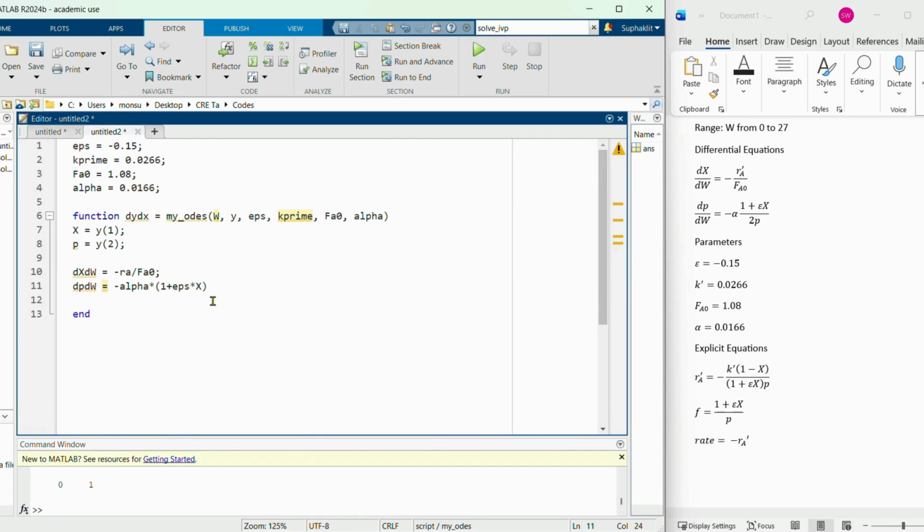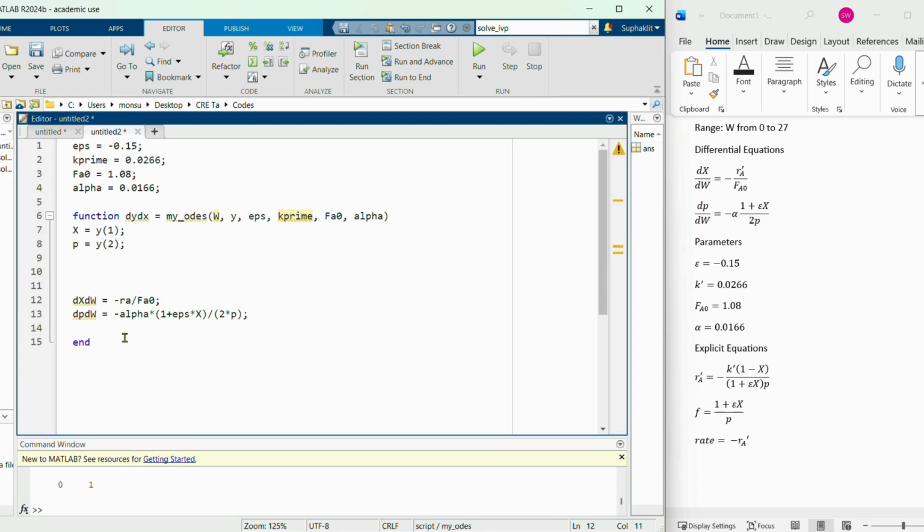Since our dX/dW requires an explicit equation, which is Ra prime, I'm going to say it's Ra. Okay, it's 1 plus epsilon X over 2p.